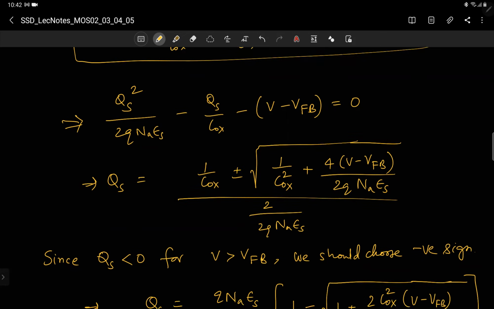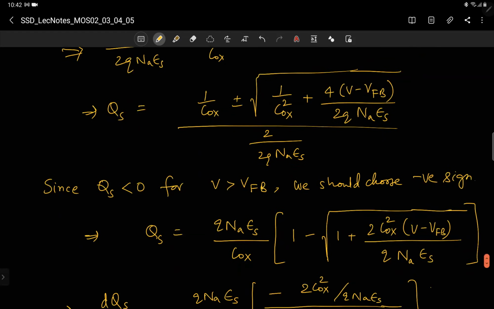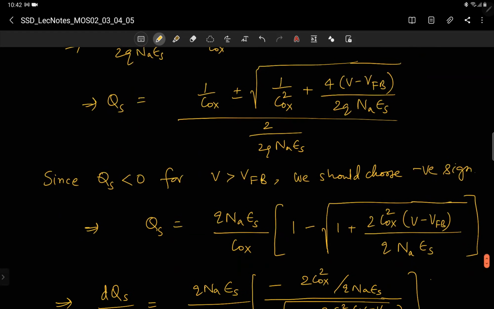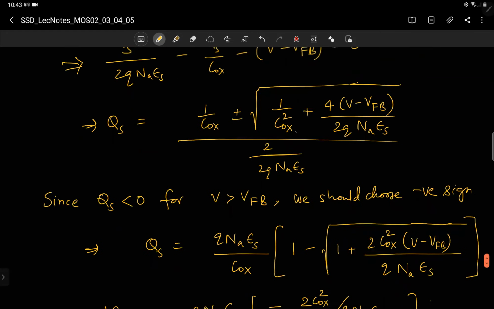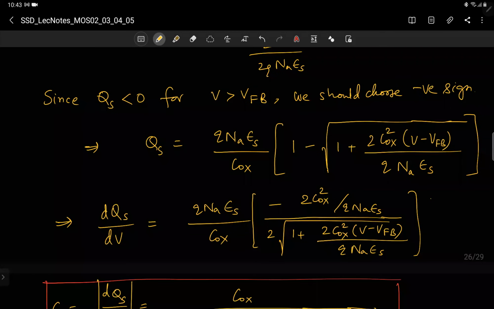And since qs is less than 0 for v greater than vfb, we should choose the negative sign here, because a positive sign means qs will be positive, so that's not correct. So choose a negative sign, and just manipulating this algebraically, you get qna epsilon s by cox times 1 minus root of this.